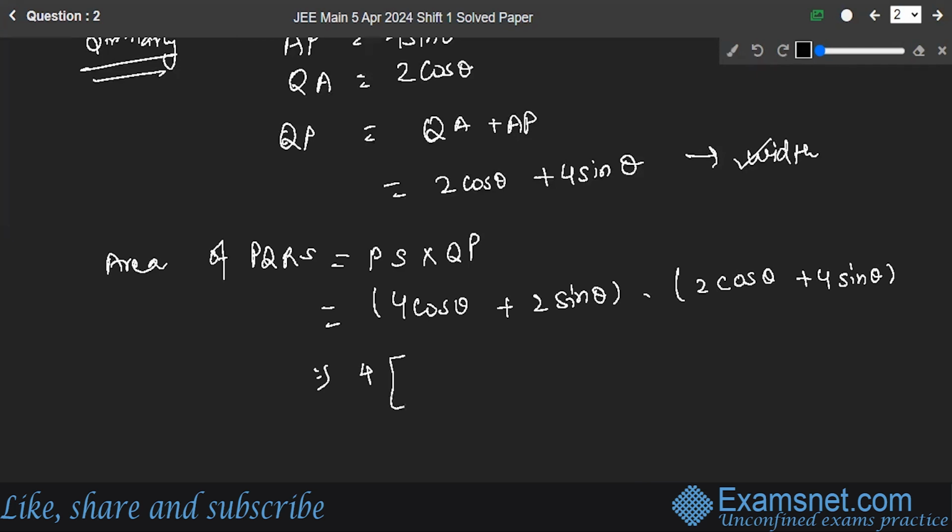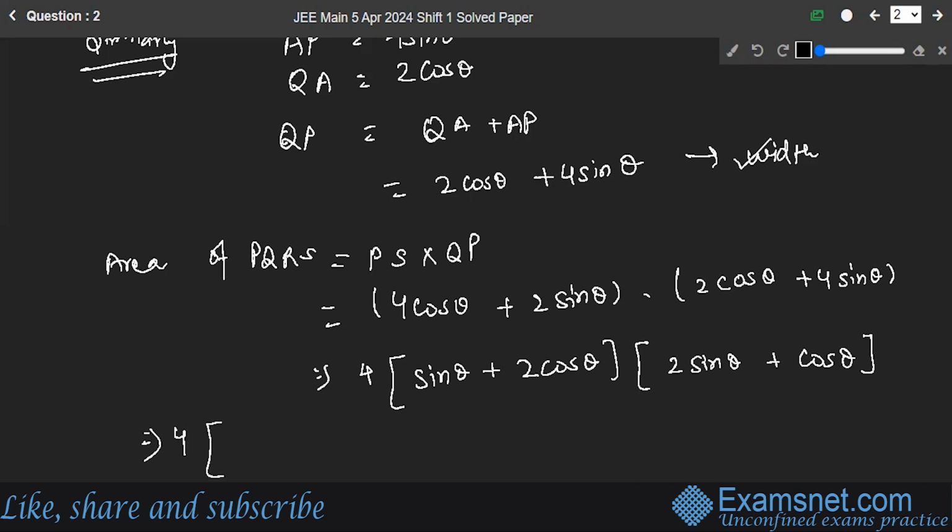So 4 will come here, and you will have (2 cos theta plus sine theta) and here (2 sine theta plus cos theta). Let's open it up. You will have 4 times 2 sine square theta plus sine theta cos theta plus 2 sine theta cos theta, 2 into 2, 4.